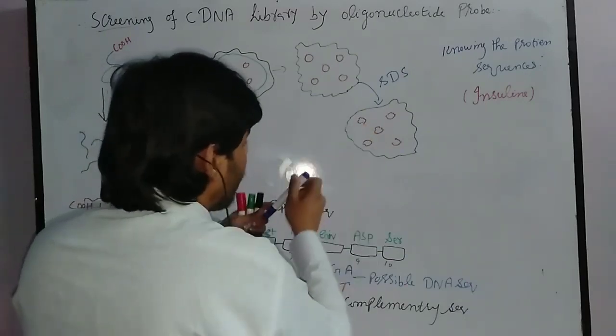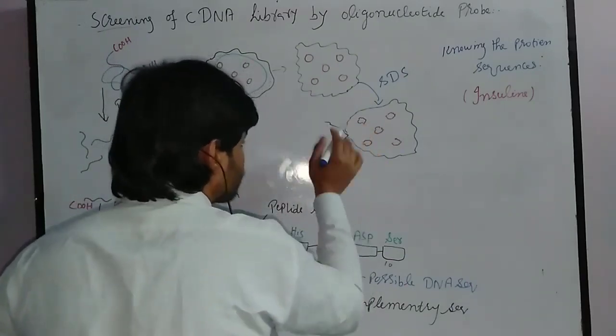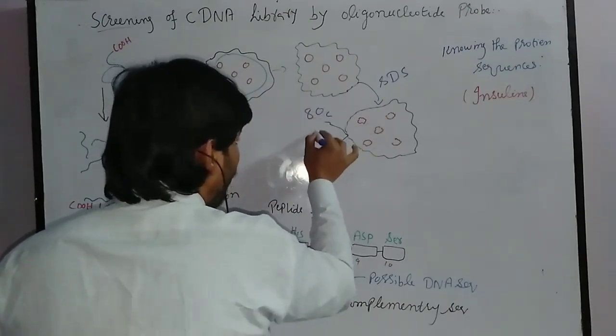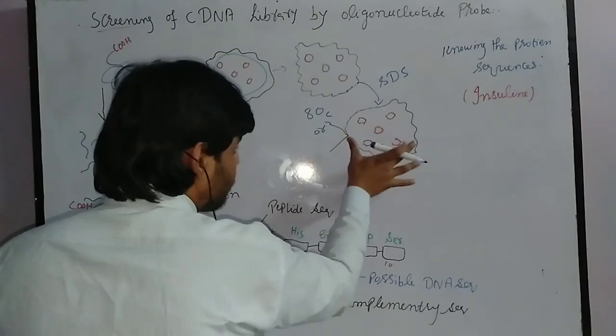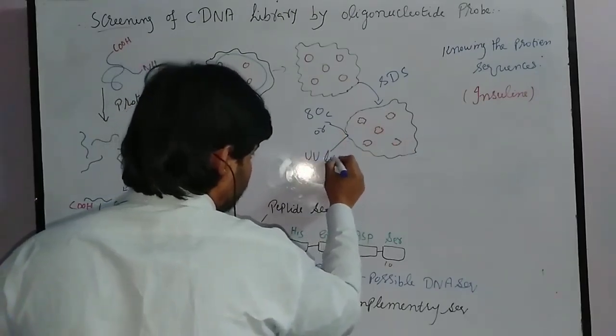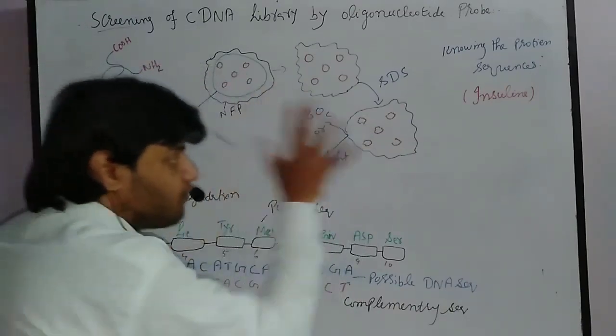We fix all the colonies by putting this nylon filter paper on a solid surface at a temperature of 80 centigrade, or we should expose this nylon filter paper to UV light, due to which the colonies are fixed.